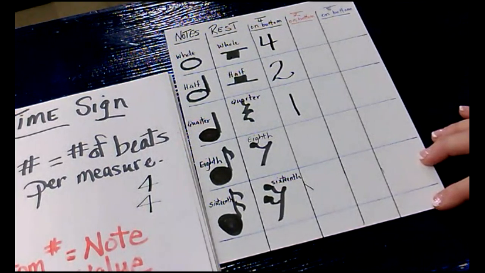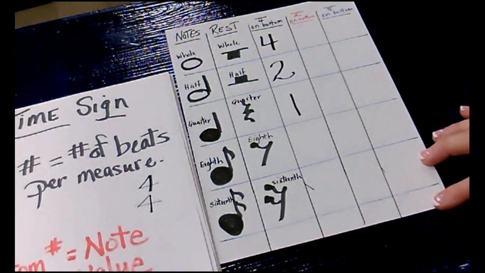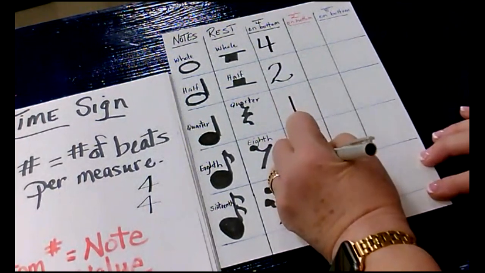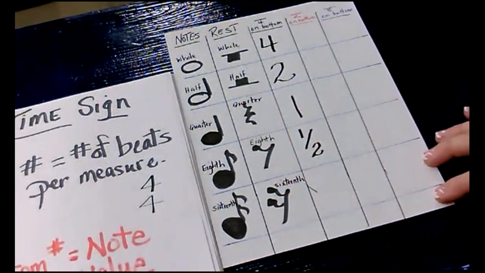So now we cut the 1 in half and it becomes a half. Well, it gets a half a count. Do you notice that as our note values are being cut in half all the way down, they are also making their speed of the notes go faster?